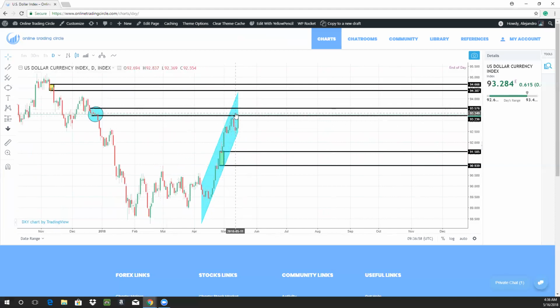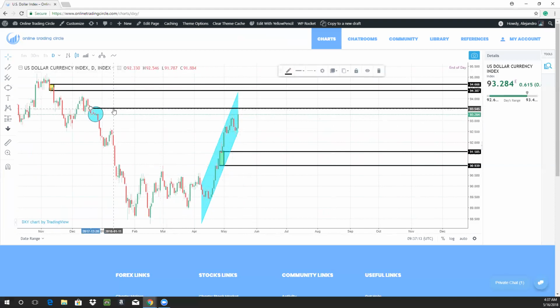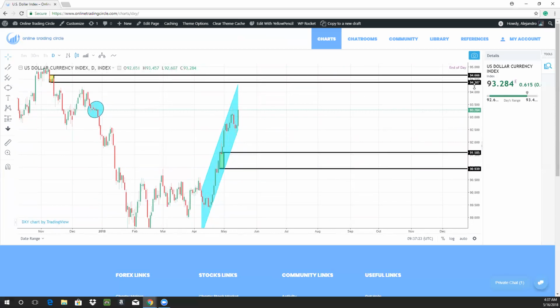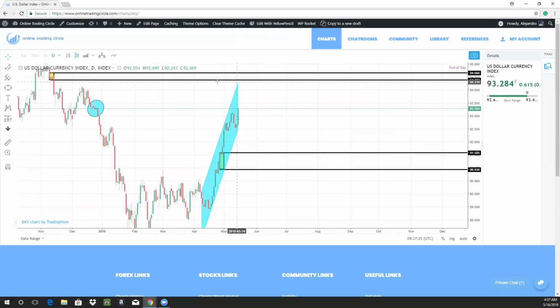It's already been tested. This is probably going to reach this resistance level and break through it. So I don't see this level being an issue. I do see the dollar going a little bit higher, maybe to around this area of supply, about 94,500.